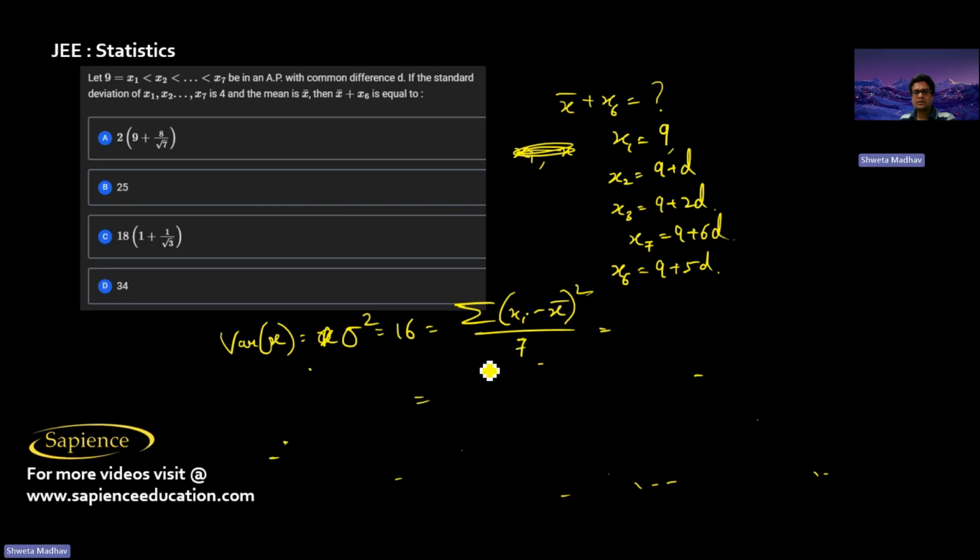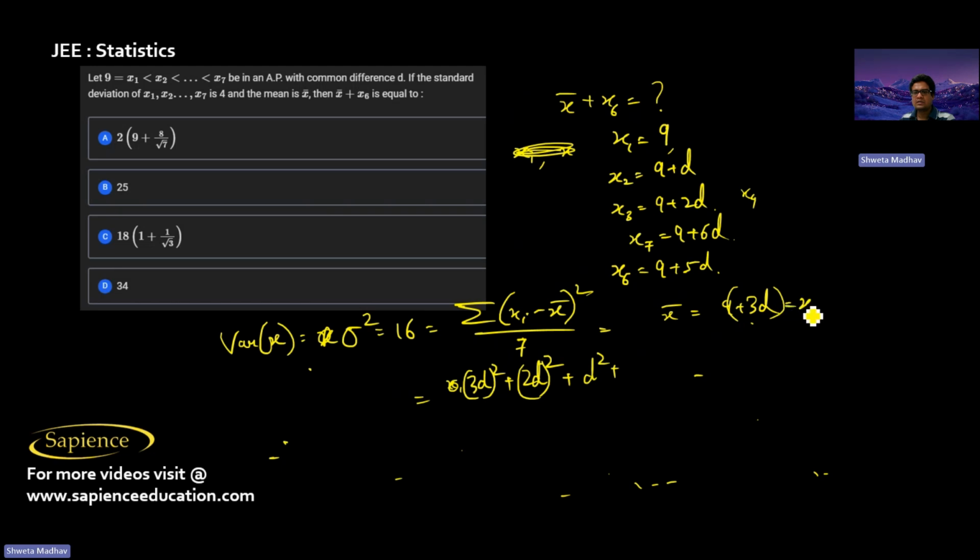So it means x1 minus, now x bar we have found it, that is equal to 9 plus 3d. It means x1 minus that would be 3d whole square, plus that is 9 plus d minus of this, so that is 2d whole square, plus this is d square plus this for x4.